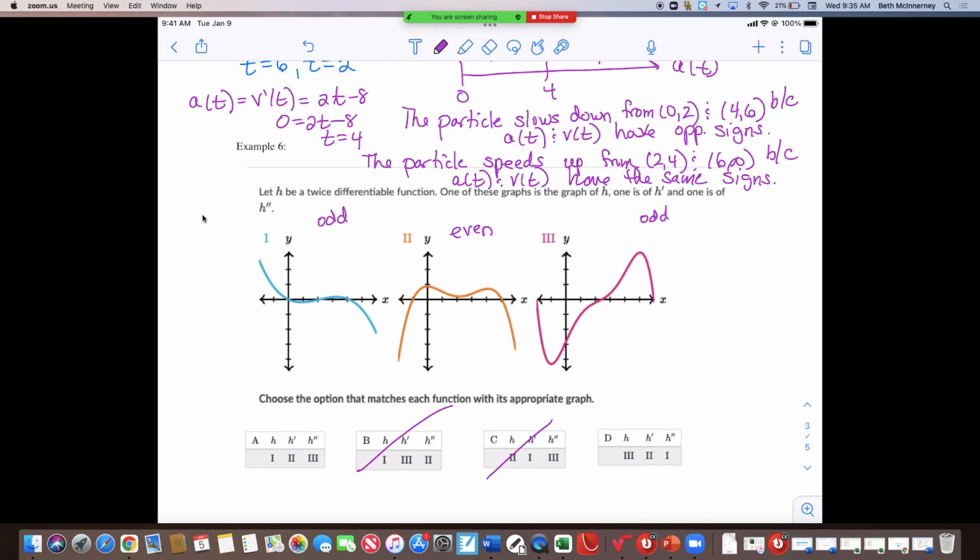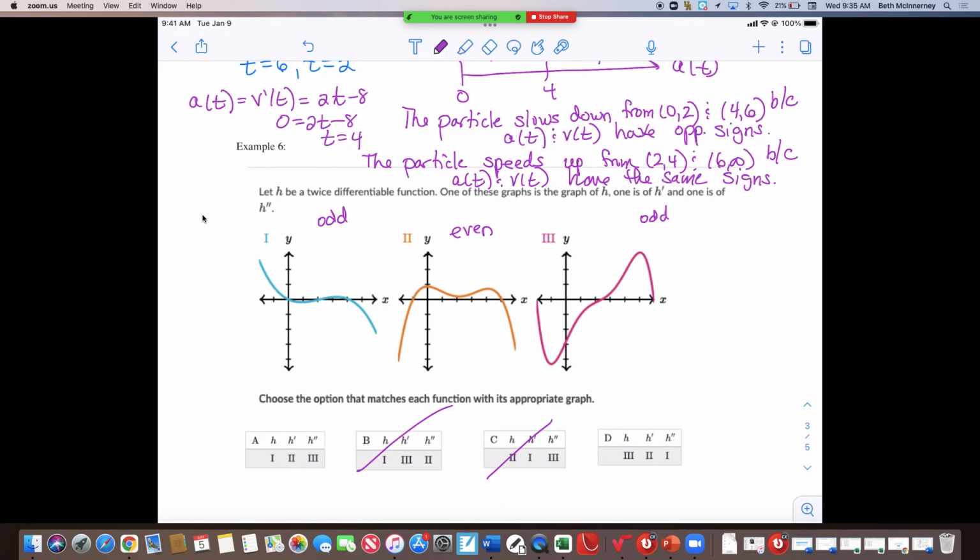If I want to go with A, if I think that 3 is a derivative of 2, then that would mean that my function would be decreasing from here to here, and that's not what's happening.